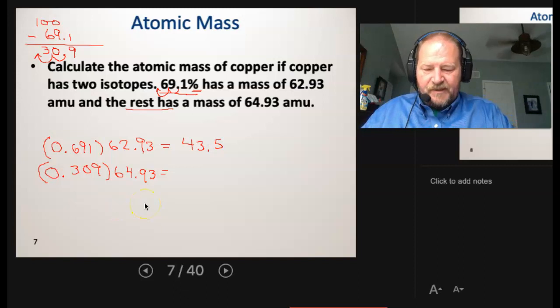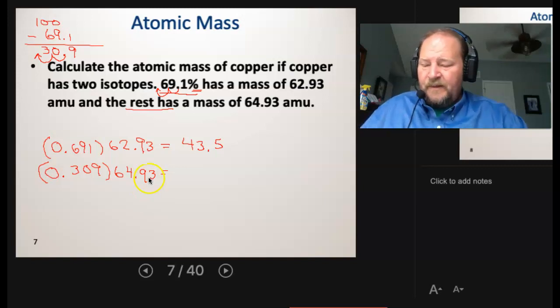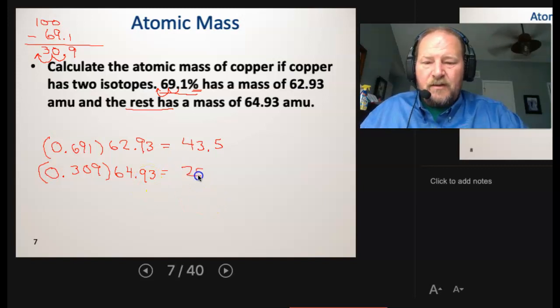So 0.309 times 64.93. Keep hitting the wrong buttons here. 0.309 times 64.93, and I'm going to get 20.1.